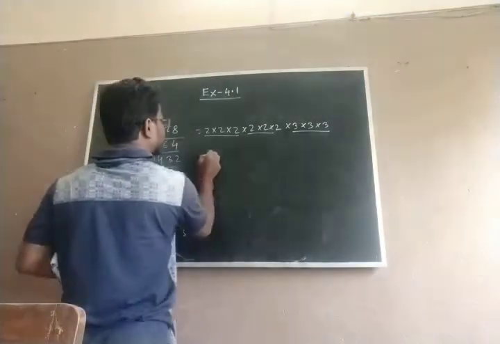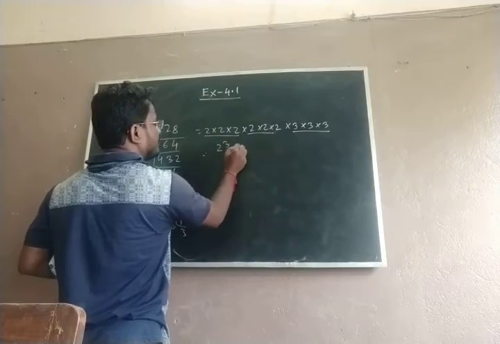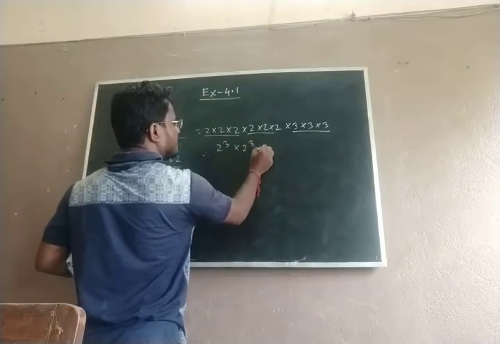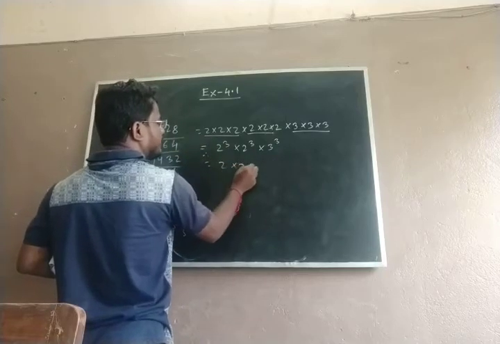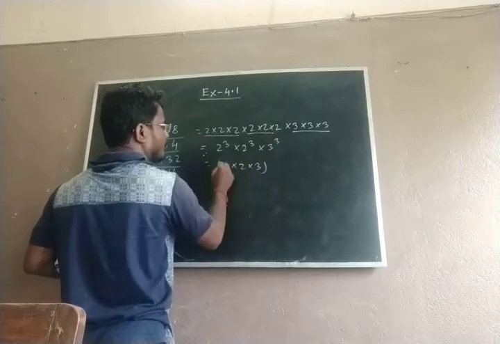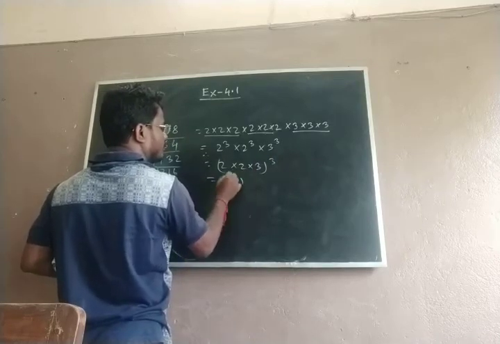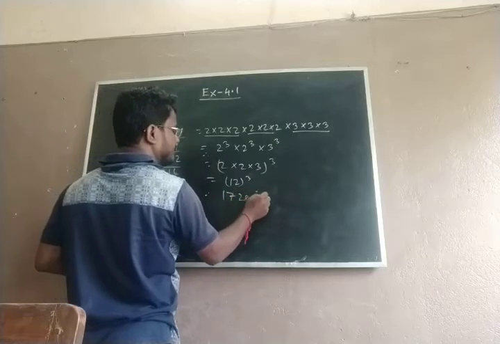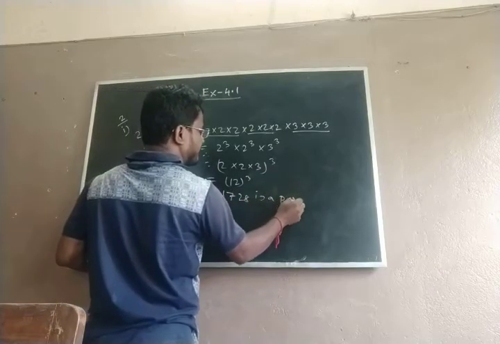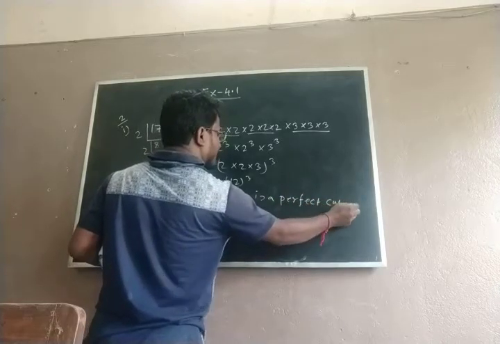Therefore 2 cube, 3 cube, which is 2 into 3 cubed. Therefore 1728 is a perfect cube. Okay.